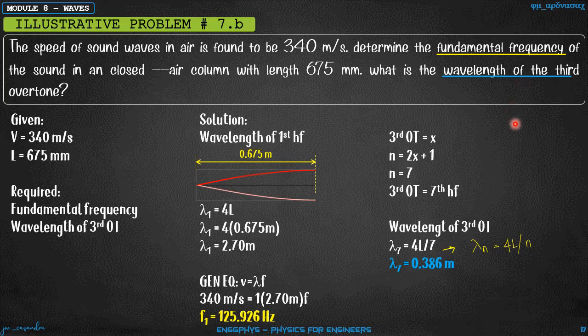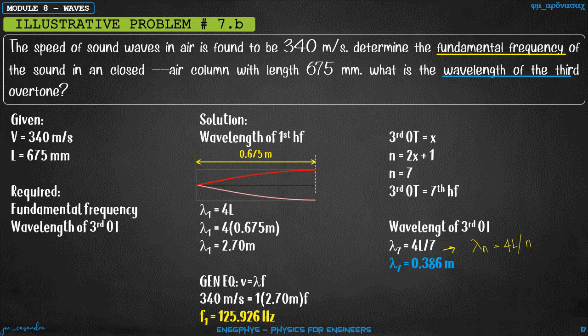So again, if you don't want to memorize this, you can always draw your wave pattern. So for the 7th harmonic frequency, I need 7 fundamentals. So 1, 2, 3, 4, 5, 6, 7. Okay? Let's fix that.